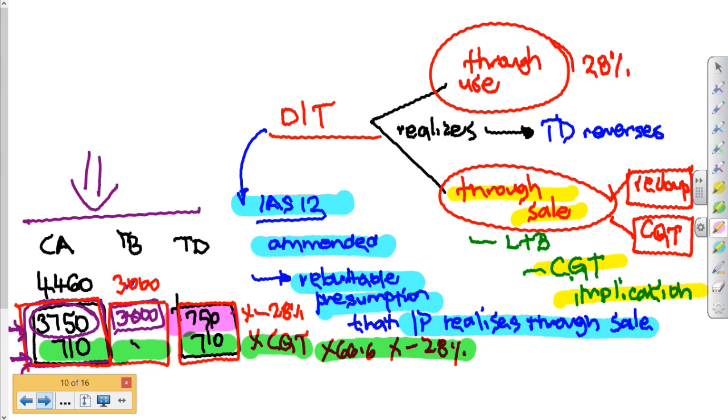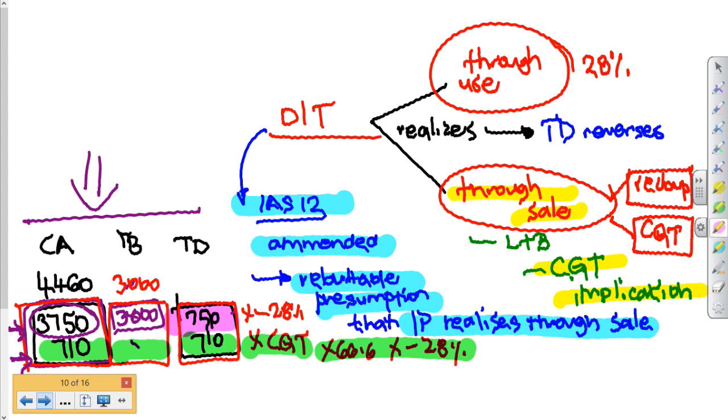We then looked at an example of a transfer, and then we talked about deferred tax. Deferred tax for investment properties realizes through sale. The sale implications of tax are recoupment at 28%, which is up to cost, and then above cost, CGT at 66.6% times 28%. So when we do our calculation, it's important that we split our number into the above cost piece and the below cost piece.